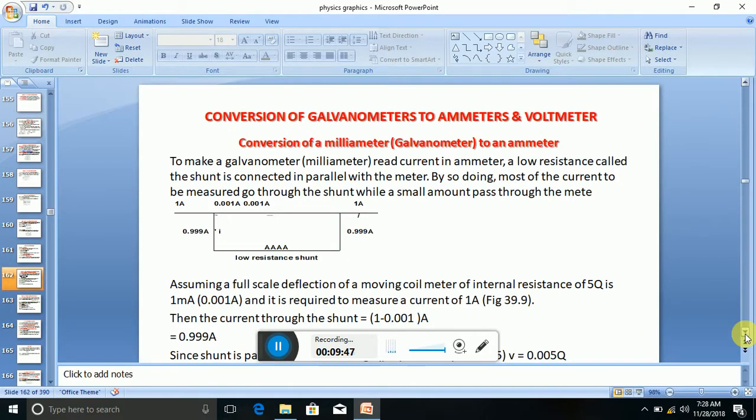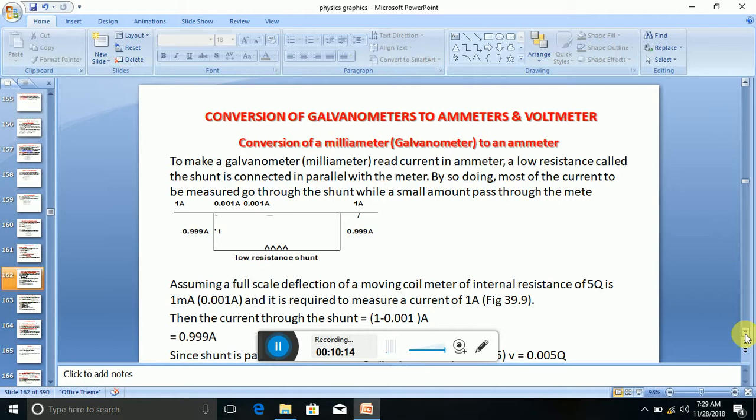Conversion of galvanometers to ammeter and voltmeter. In subsequent classes, we are going to go into details on this. But first, conversion of a milliammeter or galvanometer to an ammeter. To make a galvanometer or milliammeter read current as an ammeter, a low resistance called the shunt is connected in parallel with the meter.